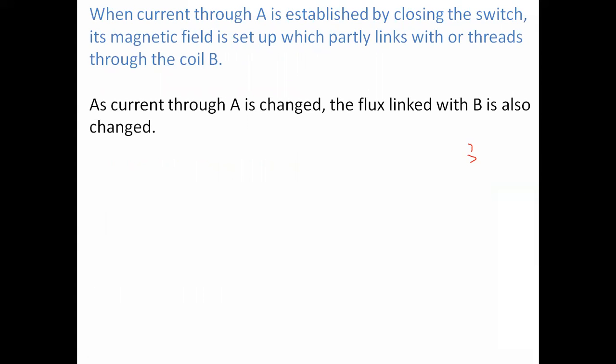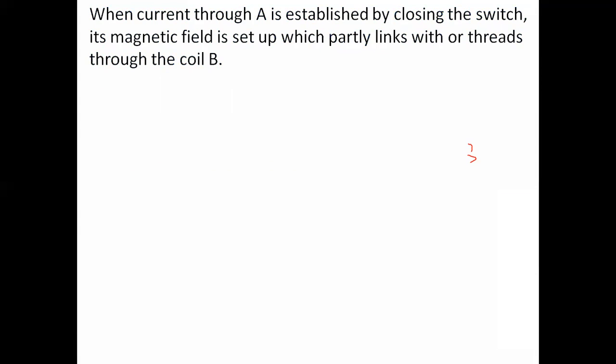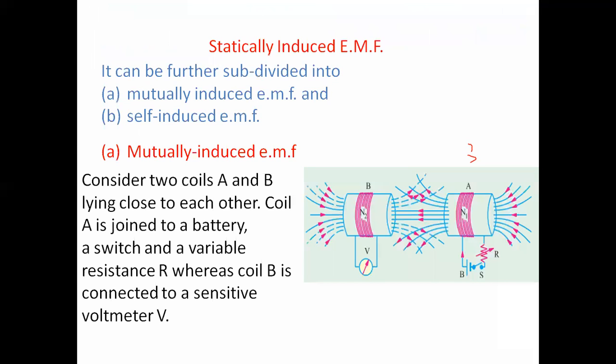This is what I explained. As current through A is changed, the flux linked with B also changes. In this figure, when the current changes in A, the flux also changes.